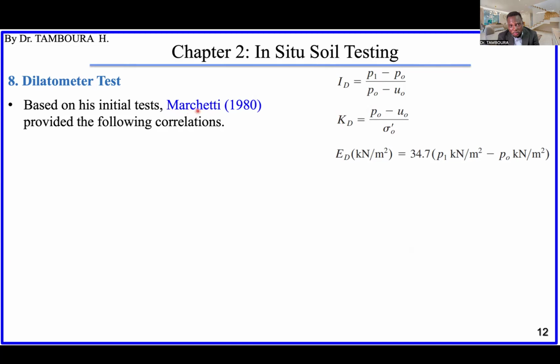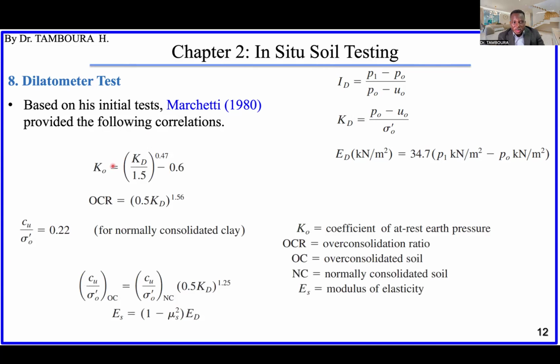The professor Marchetti from Italy, who developed this test, provided the following correlations from the beginning. K naught, as I was saying, the K naught of soil means the coefficient of earth at rest, can be obtained from this KD using this formula.